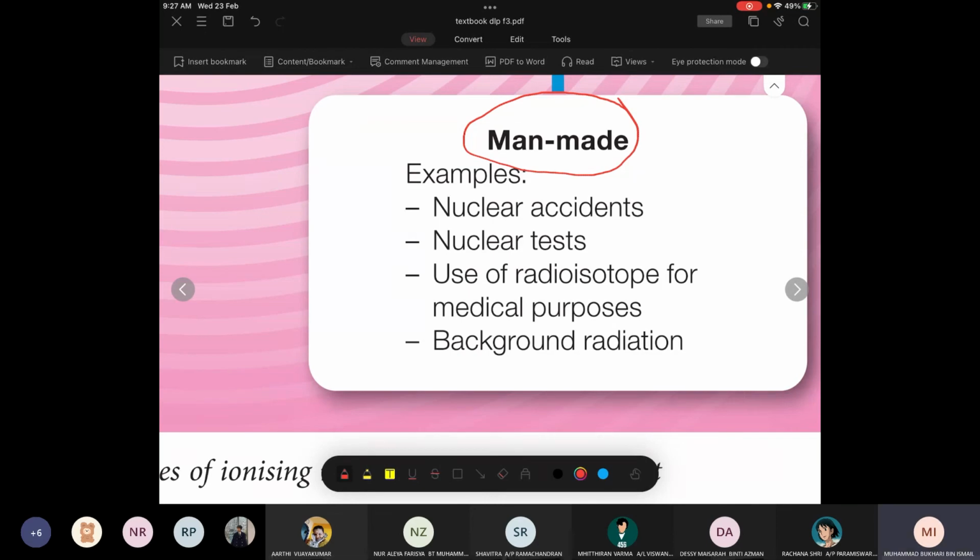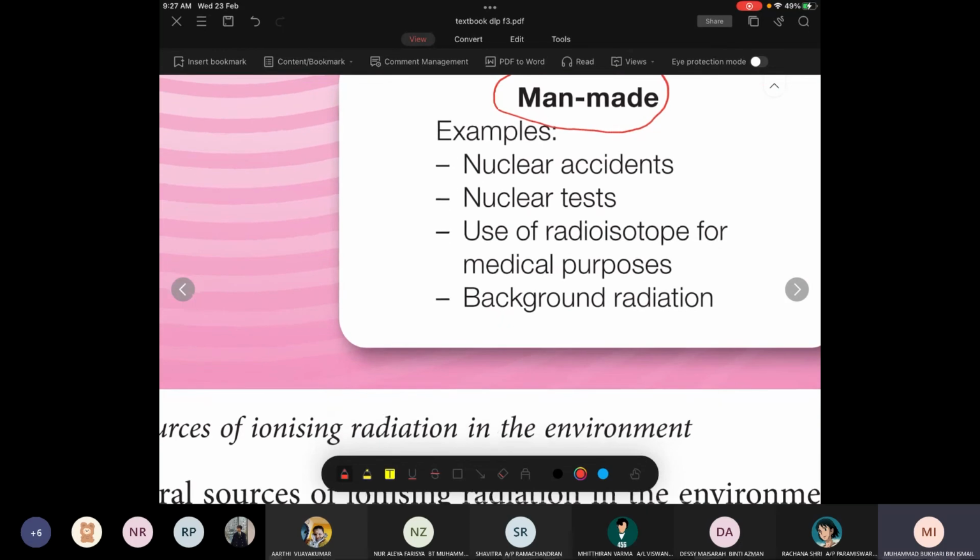Usually, safety measures are taken there, where not everyone is allowed to enter the X-ray room because it has radioactive radiation. So this is a type of man-made radiation, and another one is background radiation also.